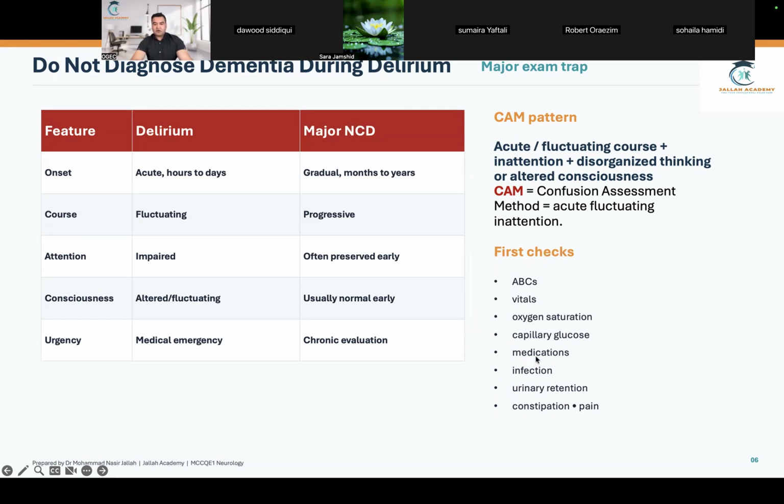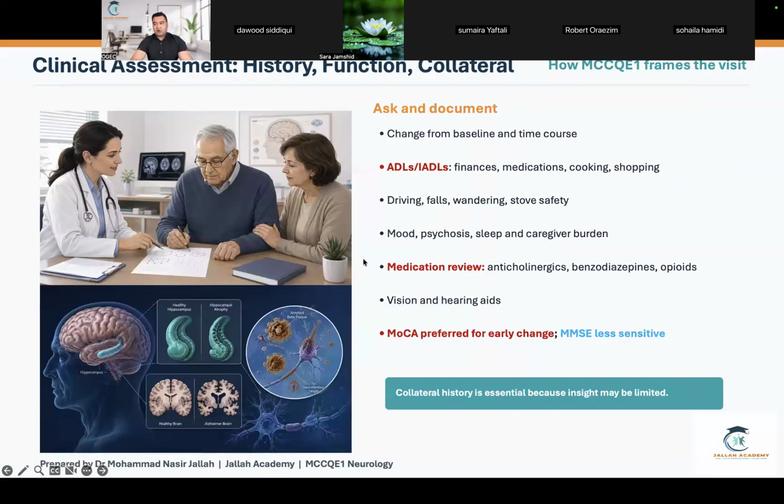Very important, because some medications cause delirium. Also check infection, urinary retention, constipation, pain, and ask if the patient is taking alcohol or if it is withdrawal. Clinical assessment: history, function, collateral.